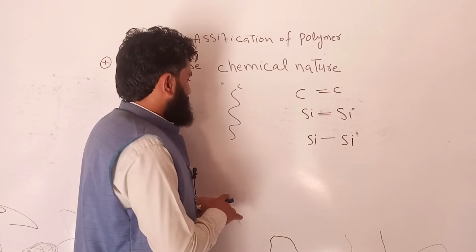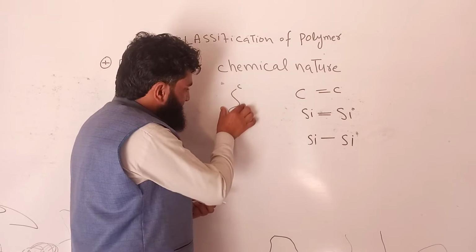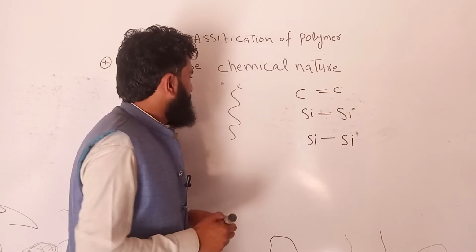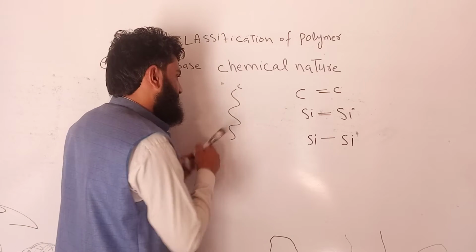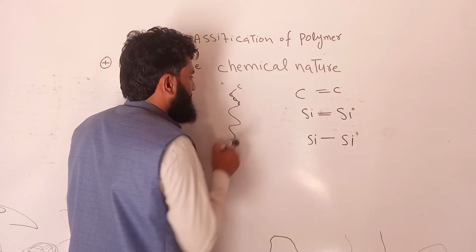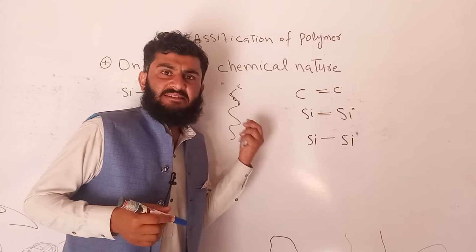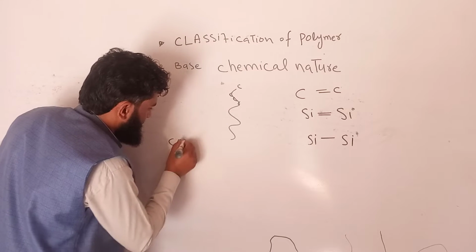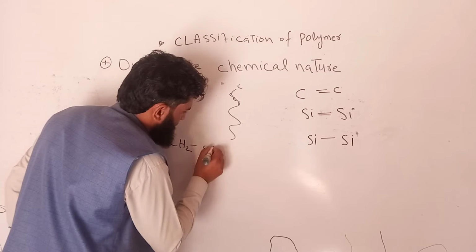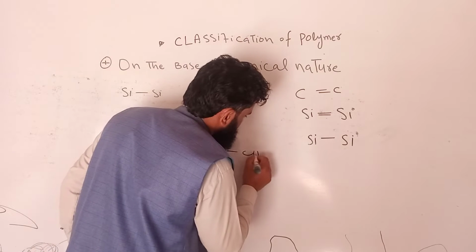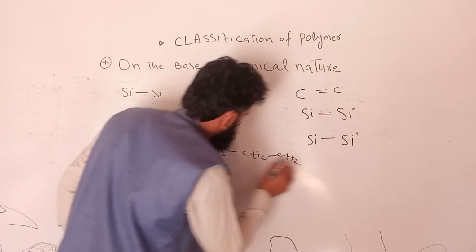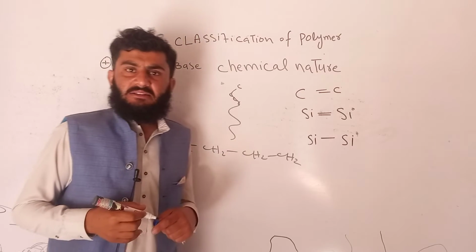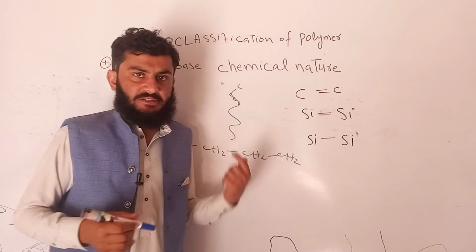Clear? So for example, this is a polymer chain, a long chain of polymer. If there is carbon here, it means this is organic in nature. As you see, for example, CH2, CH2, CH2, CH2, CH2, the carbon atom is repeated.